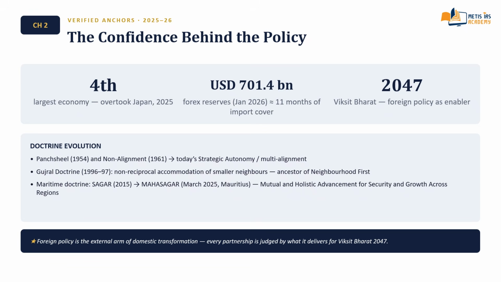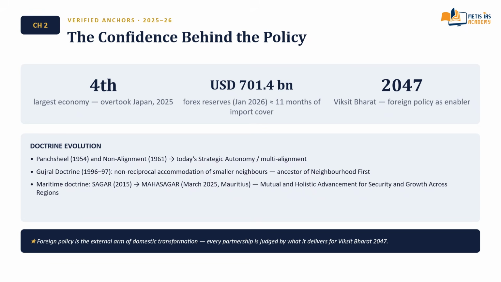For example, instead of treating every partnership separately, you have to ask, what objective does this partnership serve? Does it strengthen technology cooperation? Does it strengthen energy security? Does it strengthen maritime security? Does it strengthen connectivity?